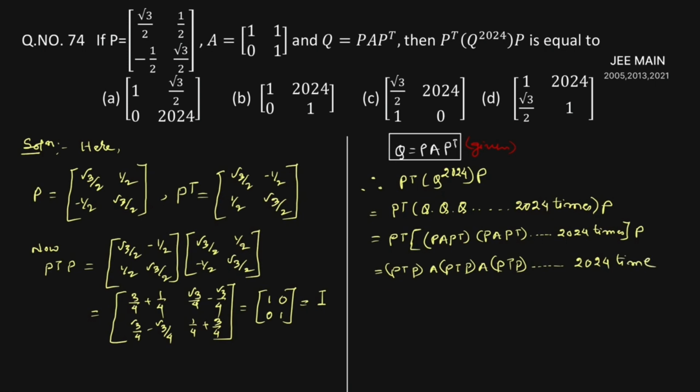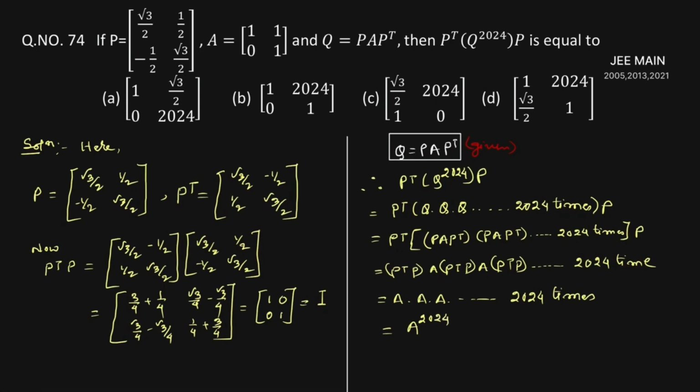We know that P transpose P we are able to write as the identity matrix, so in the place of P transpose P we write I. Then we have A into A into A, going up to 2024 times, which is equal to A to power 2024.